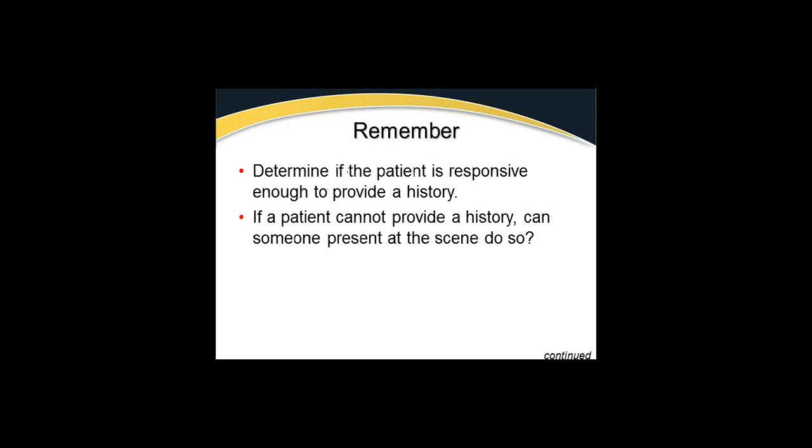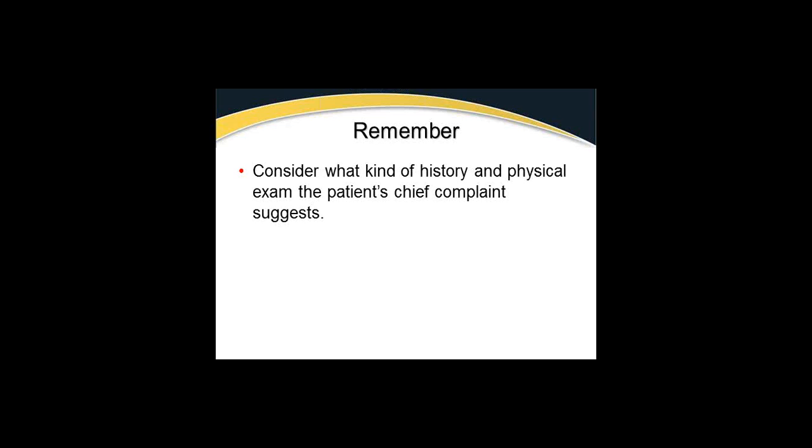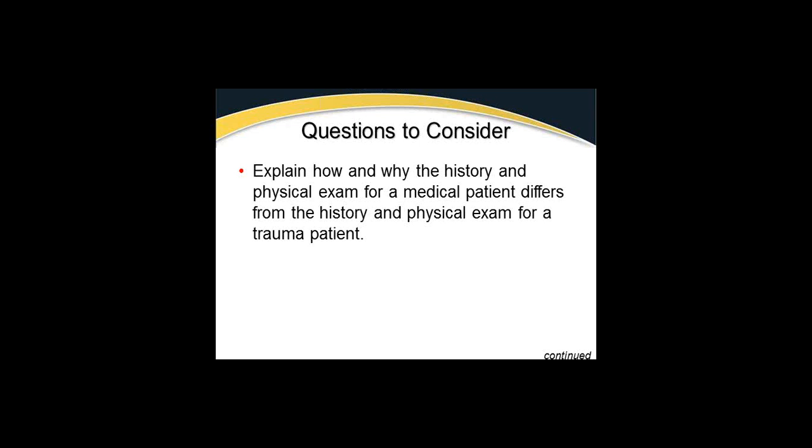Determine if your patient is responsive and alert and reliable enough to get information from. If they cannot provide you that history, see who's on scene that can, or go hunting for scene clues. Consider what kind of history and physical exam that patient's chief complaint suggests. Do we do the quick exam route with some follow-up questions to the bystanders, or do we focus it mostly on the patient?